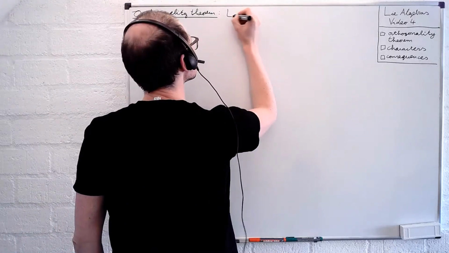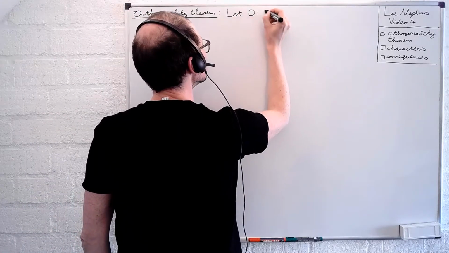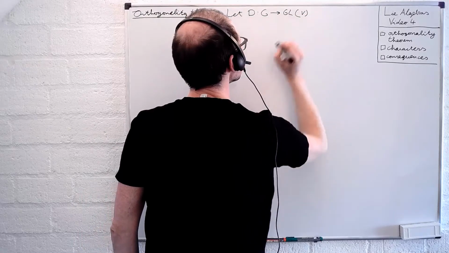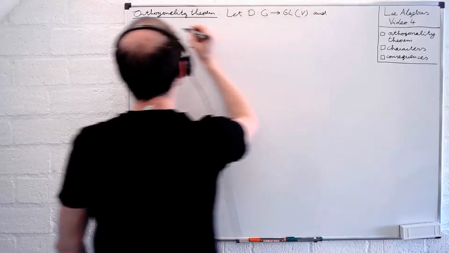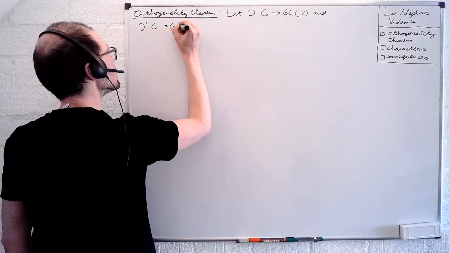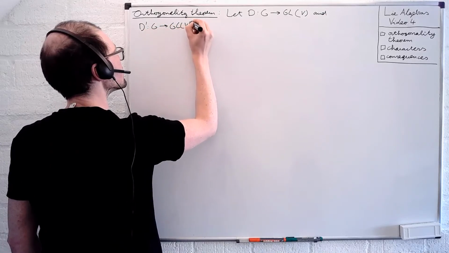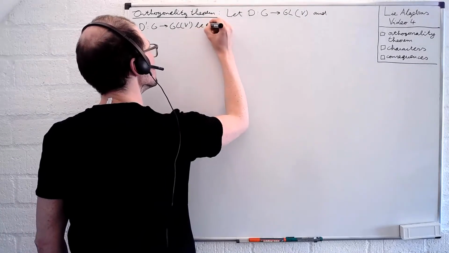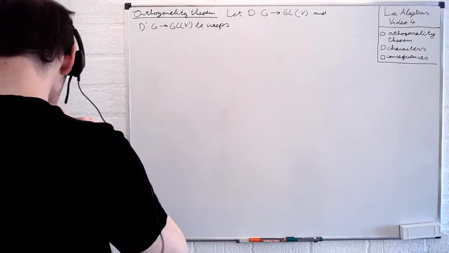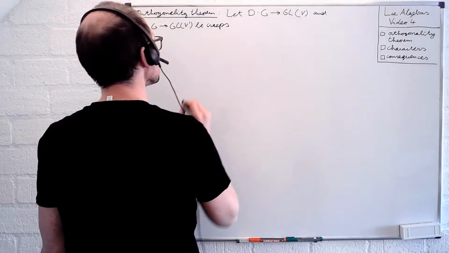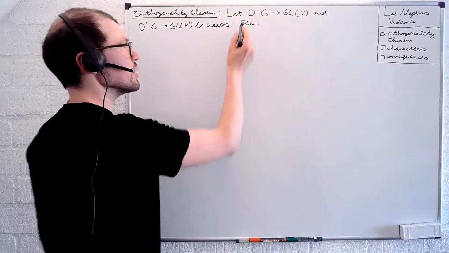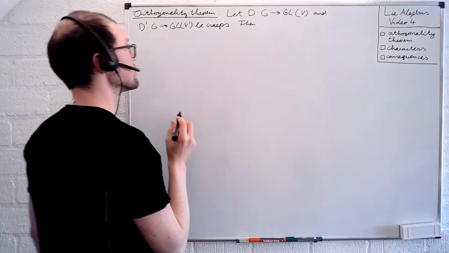So let D and D prime be irreps, irreducible representations, on two different vector spaces. Then we have the following formula for the matrix elements of these irreducible representations.